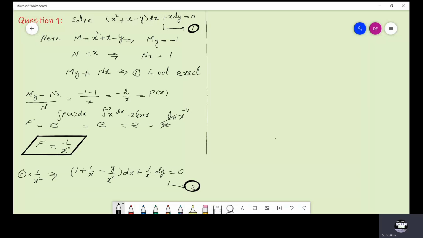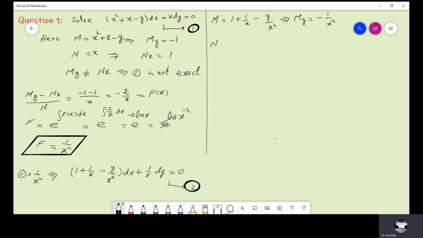Let us confirm this. Here the coefficient of dx, called m, is 1 plus 1 over x minus y divided by x square. So if I differentiate m partially with respect to y, I get minus 1 over x square.